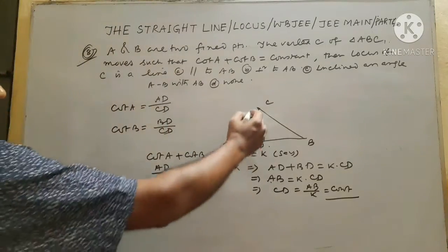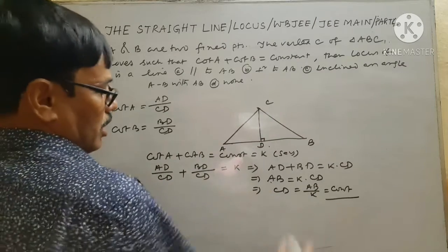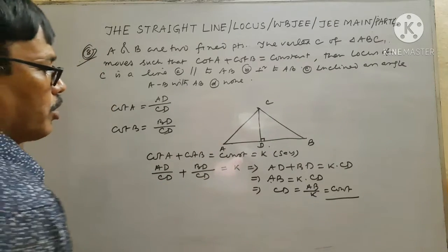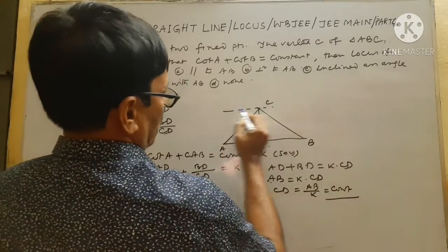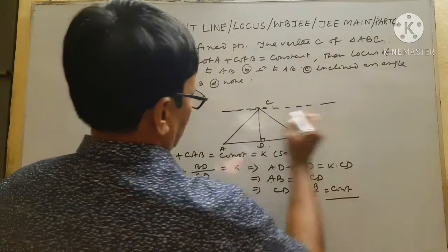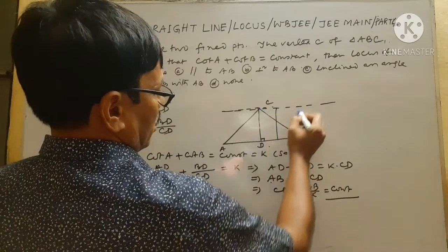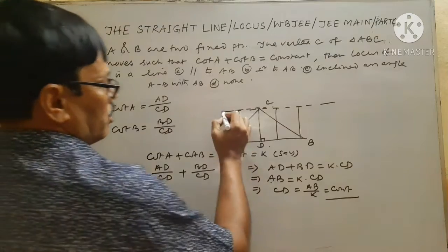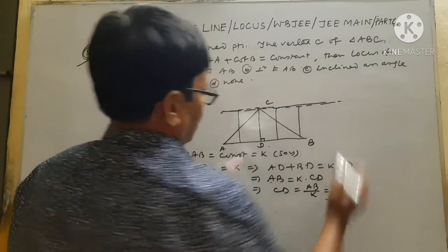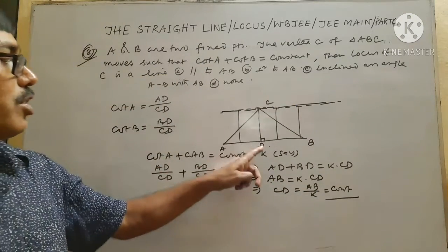Look, from the figure we are getting CD equals K. AB is fixed, CD equals K. Look, for all positions of C, this is K, this is K, this one is also K. So what is the locus of C? Look, this distance is the same.